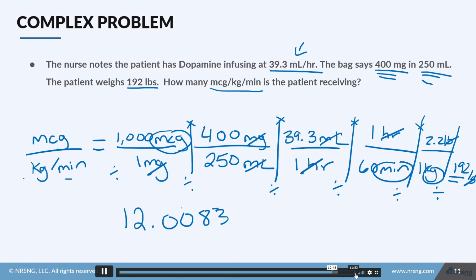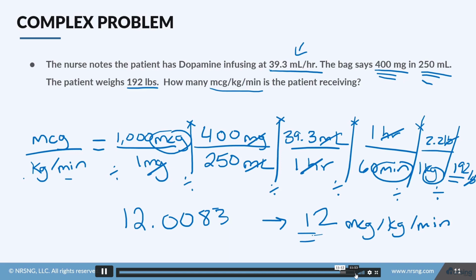Now, we typically only round to the 10th place with milliliters per hour, so this is actually going to round to 12. We add our units, micrograms per kilos per minute. Ask ourselves if that makes sense. Now, you could do the problem in reverse to see if you get 39.3 milliliters per hour. I also like to just think about a normal dose, which for dopamine happens to be 5 to 20. So 12 fits right in there and it makes sense.